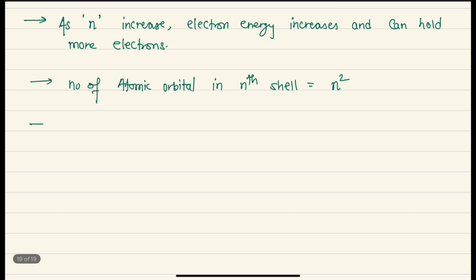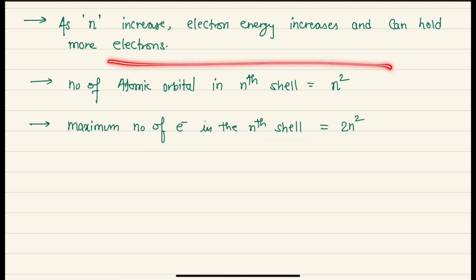Now the last point, that is the maximum number of electrons in the nth shell, that is equal to 2n square. This formula is very important.